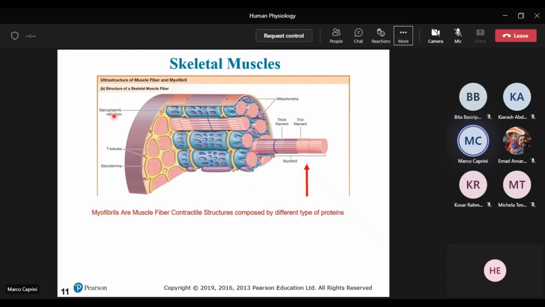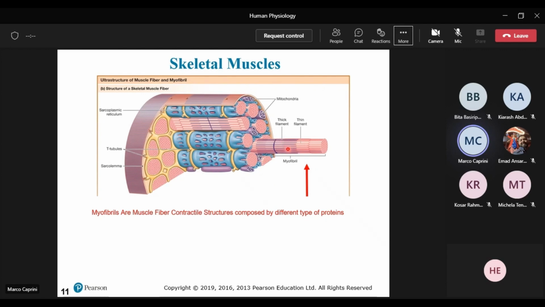We can appreciate the sarcoplasmic reticulum, again, where the calcium is stored, and the sarcoplasmic reticulum with the T tubules, okay, here and here, form this structure that is called triad. The triad is constructed by sarcoplasmic reticulum cisternia, the T tubule, and the other part of sarcoplasmic calcium store. So this is a triad. This is a triad. We can see also the thick filament, the myosin filaments, and the thin filaments, the actin.